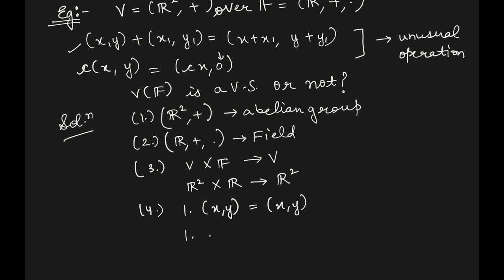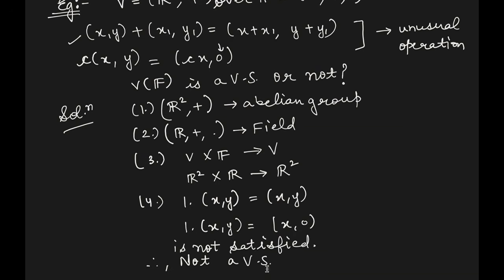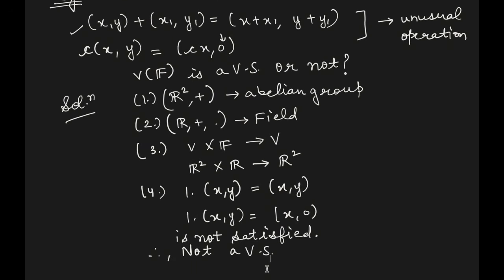But here 1 into (x, y) will be (x, 0) by this, because it is defined like this only, na? c(x, y) is equal to (cx, 0). So this property is violated. That's why this is not satisfied. So it is not a vector space. Therefore, not a vector space. Now is it clear? Yes, ma'am. Okay.